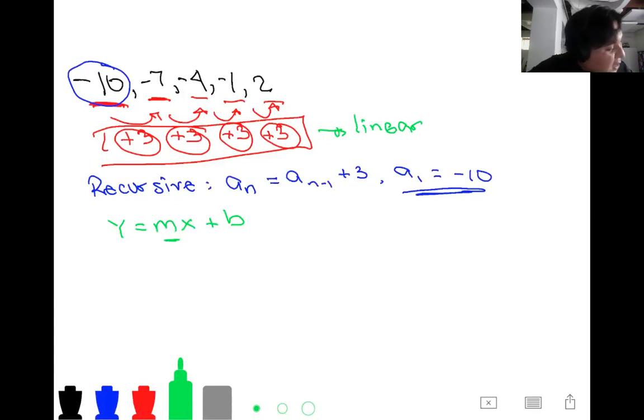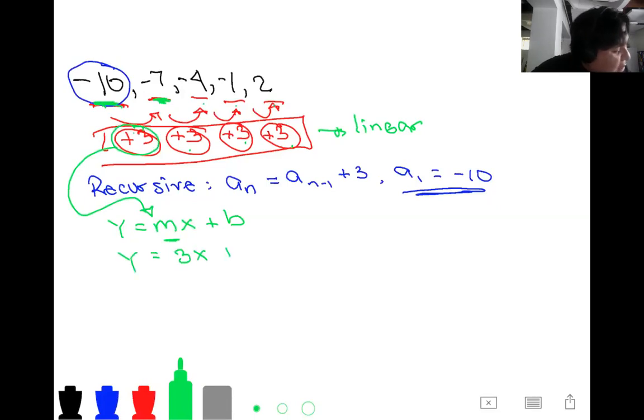As you go one term higher, notice that it went up by 3. Each next term is 3 units higher than the previous term. Thus, this 3 is our slope. So we already have 3x here. We have y is equal to 3x.